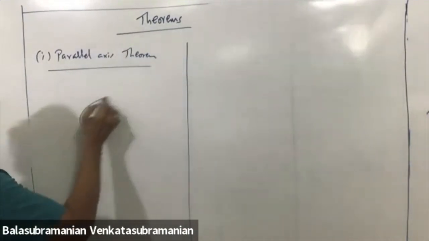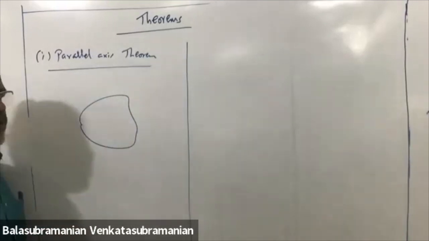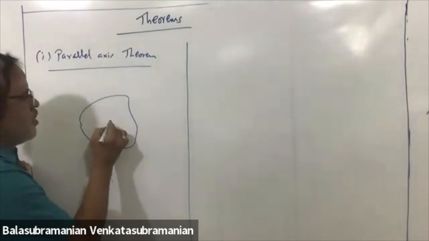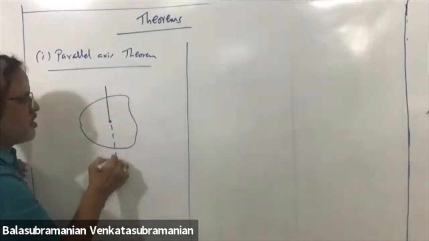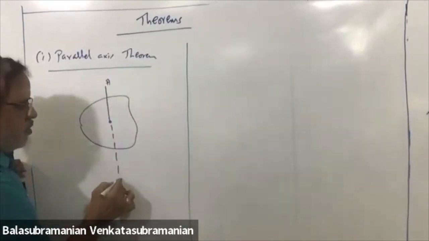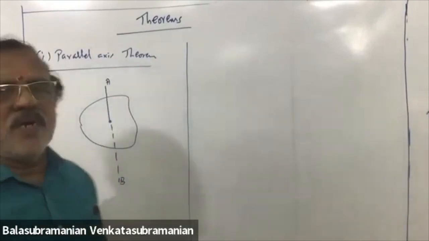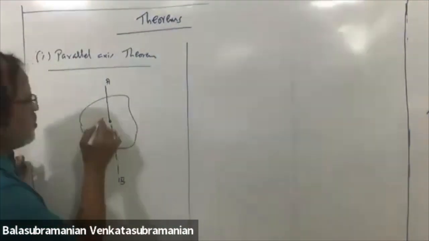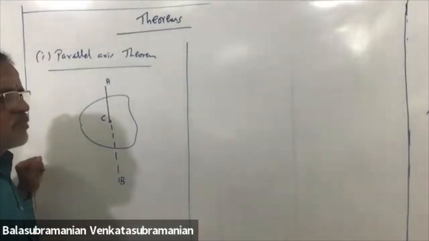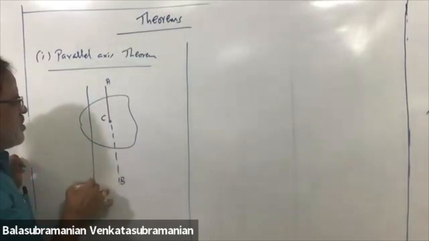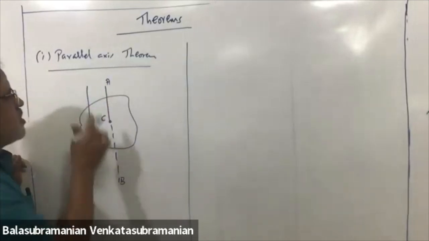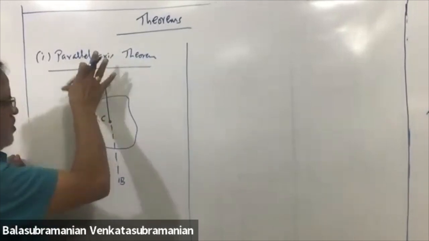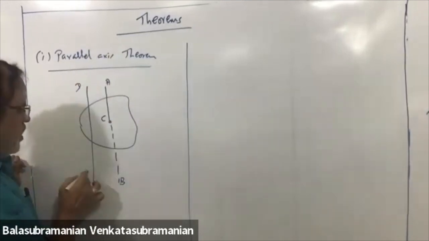You consider an irregular shaped rigid body. This is the axis AB passing through the center of mass or center of gravity point, C. Consider one more axis, DE.